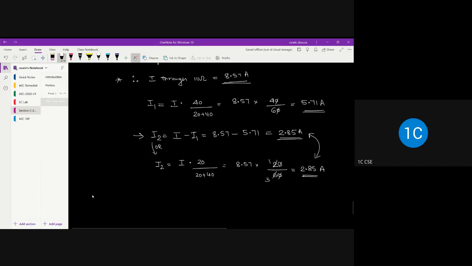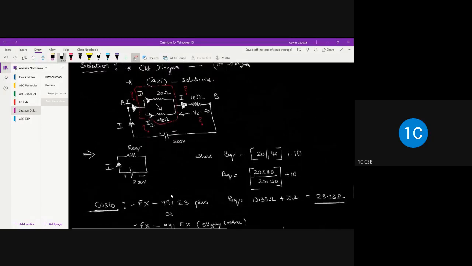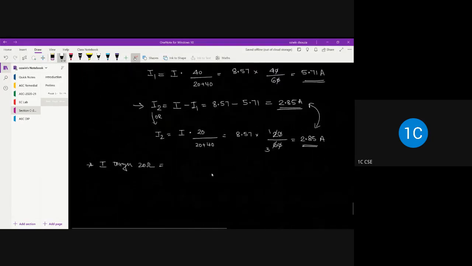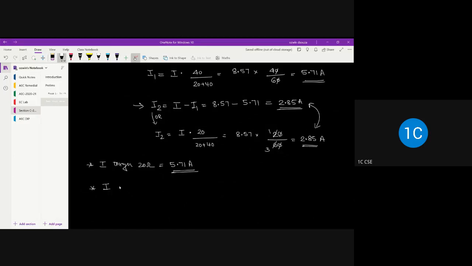You can say that the current through the 20 ohm resistor is equal to I1, and what is I1? 5.71 amperes. Also, the current through the 40 ohm resistor is 2.85 amperes.